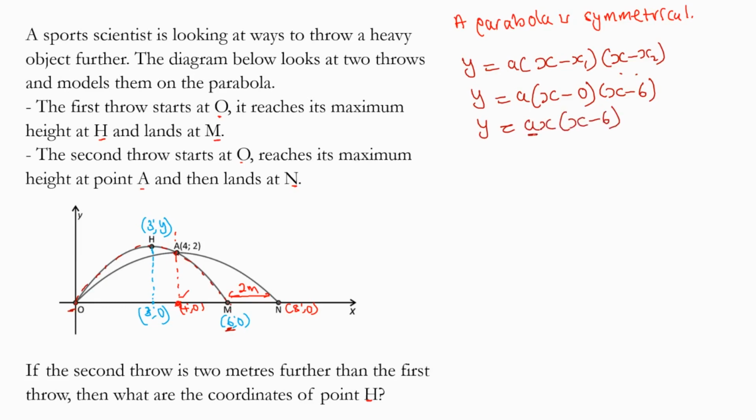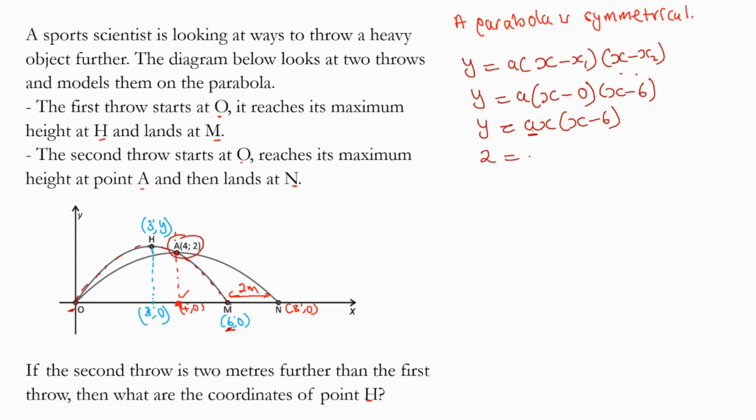How do we find the value of this a? We have to use any other point on the graph which is not an x-intercept. So we have point A here. There's capital letter A and small letter a, so we use the coordinates of A, the capital letter, to find the small letter a. We substitute: y is 2, x is 4.